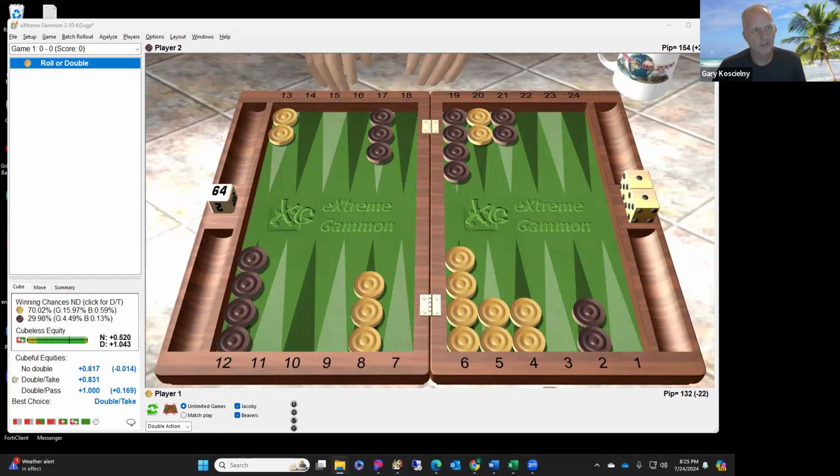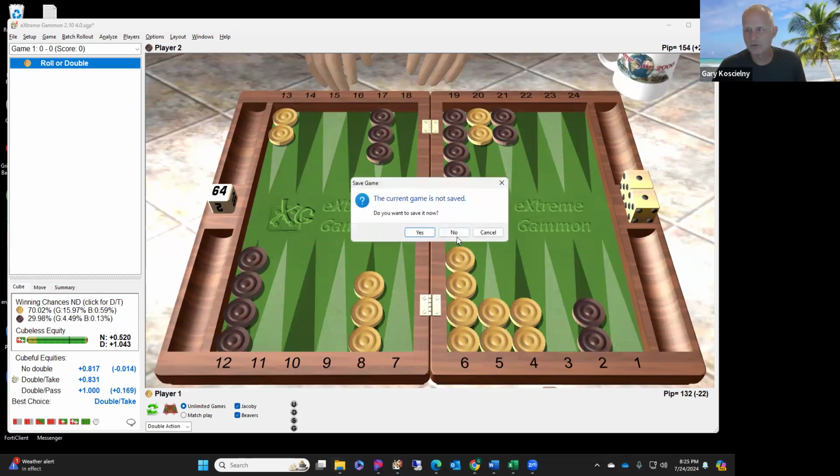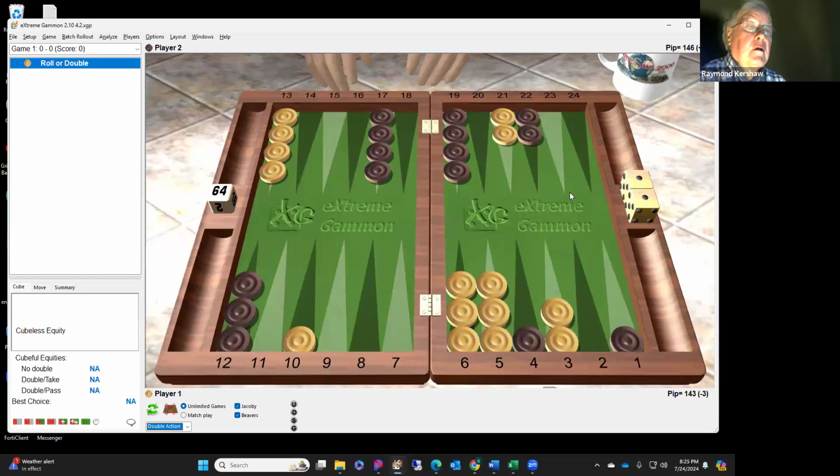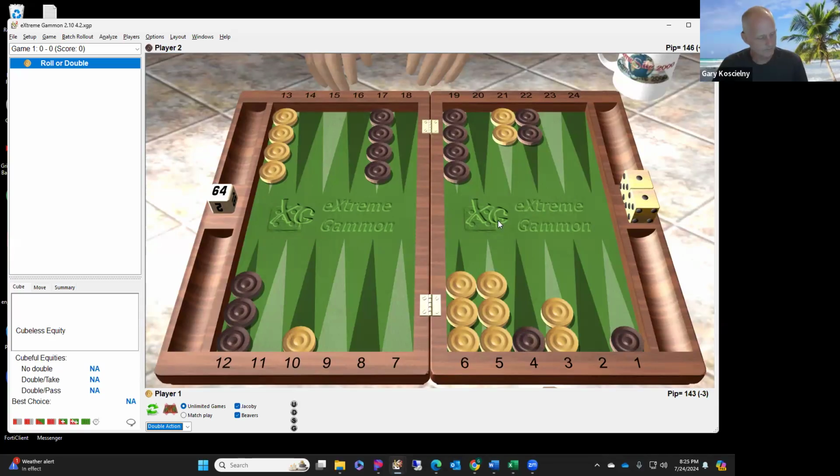Okay, let's look at another example. So here, the threats I think are easier to identify. They're pretty clear, because we've got a blot here, and we've got 10, 6 hits, a 2 and a 1 hit.